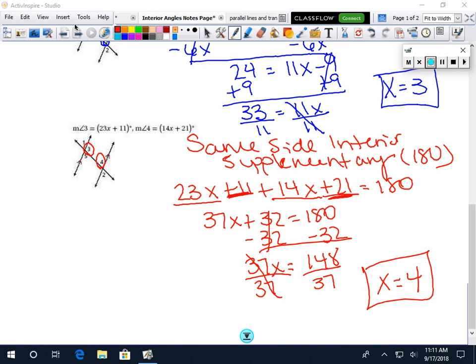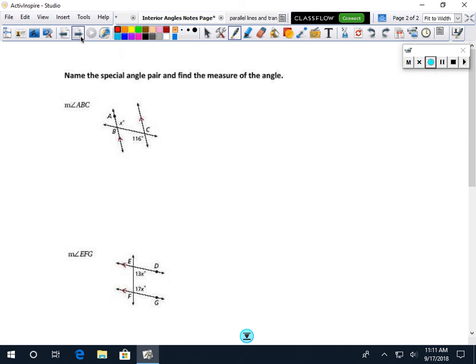Alright, looking on the back of our notes here. They want us to name the special angle pair, and then they want us to find the measure of the angle that it asked about. Here I have x and 116. So these angles are alternate interior. And I know that alternate interior angles are congruent.